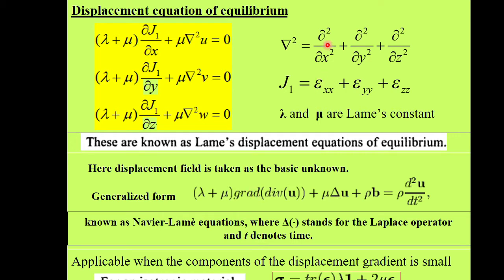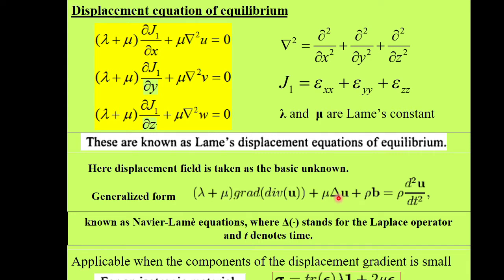Grad is del x, del y. And del square is the scalar multiple, grad is the first derivative. This delta u means del x of u, this del x of ux, uy, uz, that is mu into delta, right?